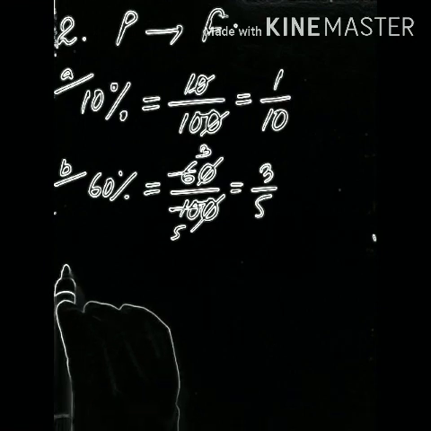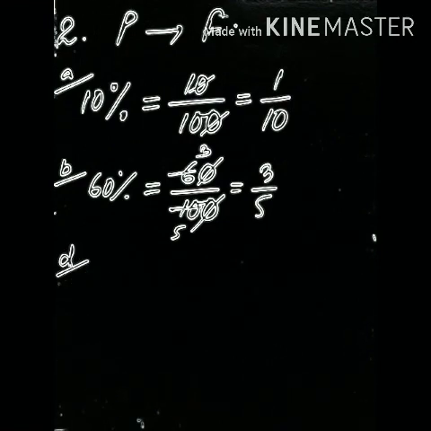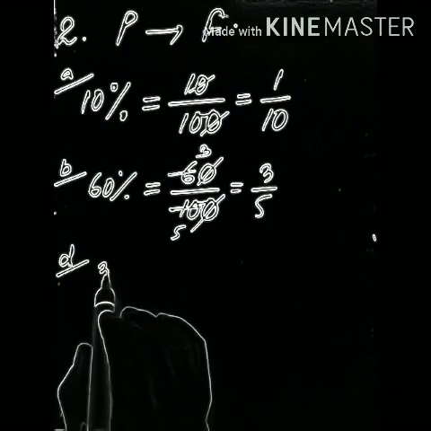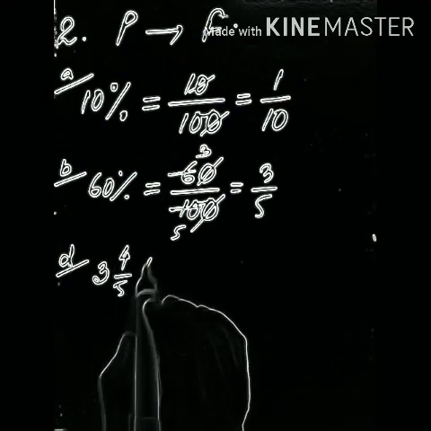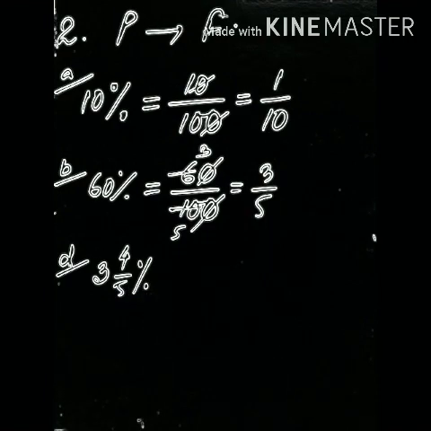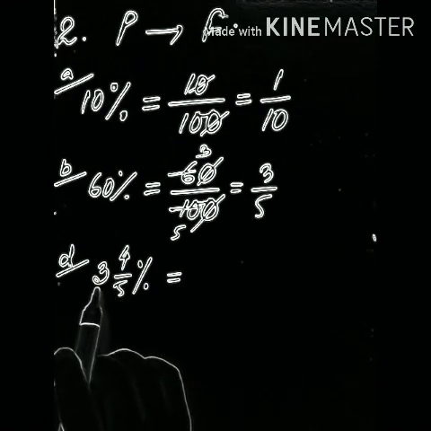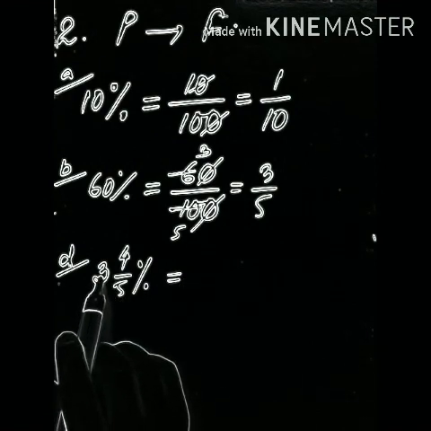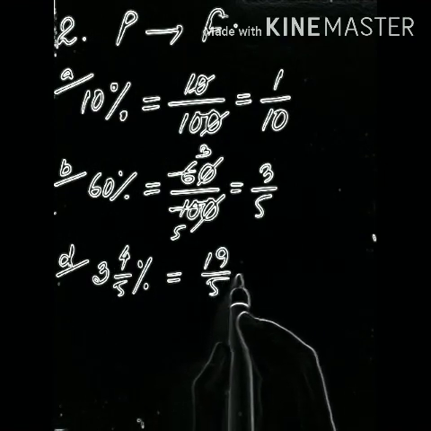Next question, I'll pick question D. D here is 3 whole number 4 by 5%. 5 into 3, 15. 15 plus 4, 19. So 19 divided by 5%.